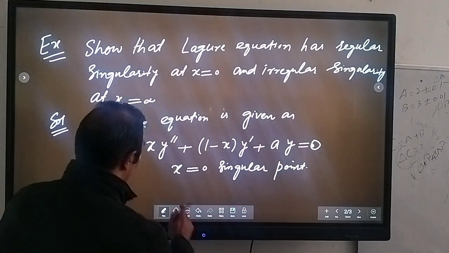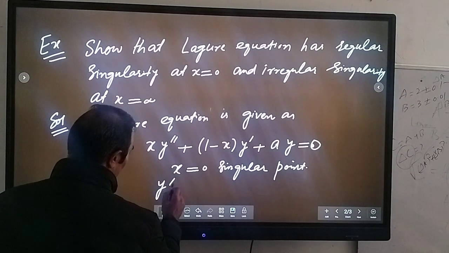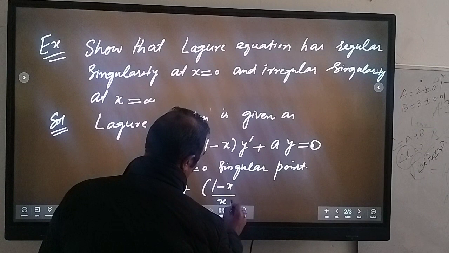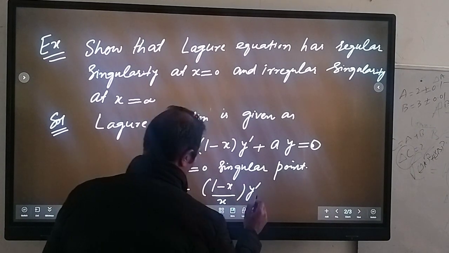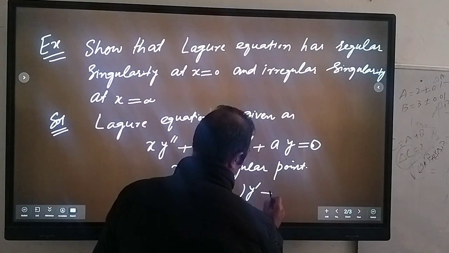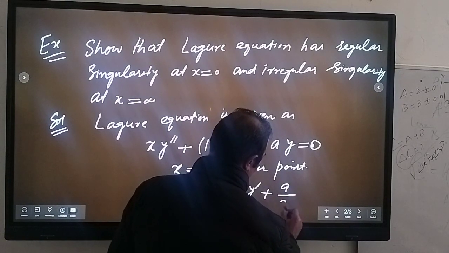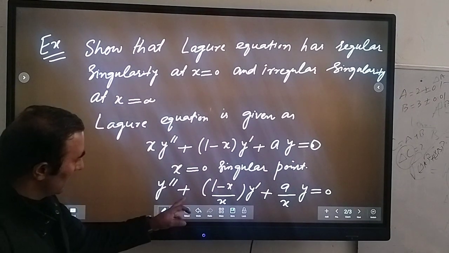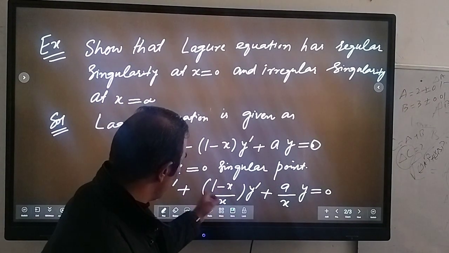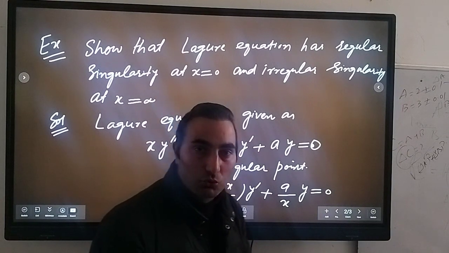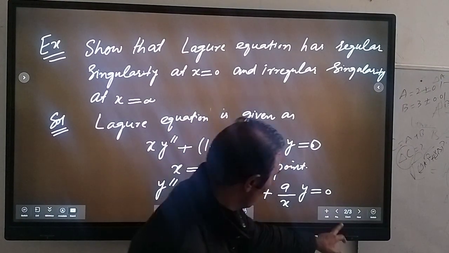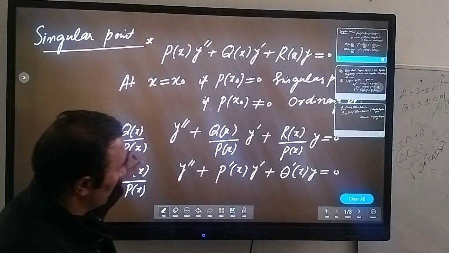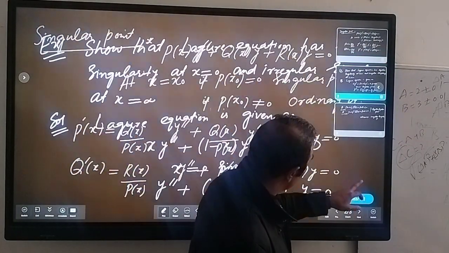For that, I can rewrite this equation as y double dash plus (1 minus x) by x y dash plus a by x y equals 0, because I simply divided by x. We need to check what p dash of x and q dash of x are.